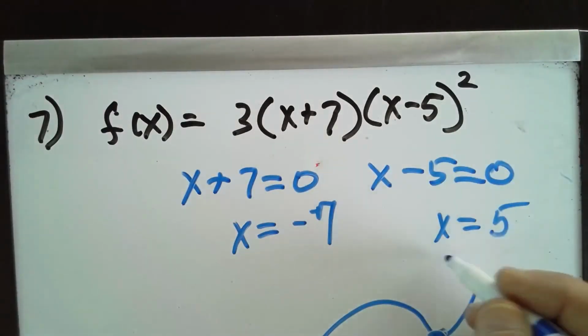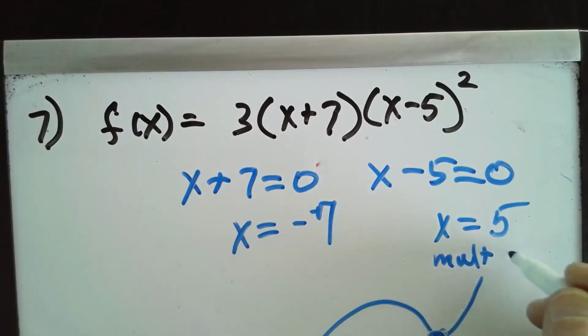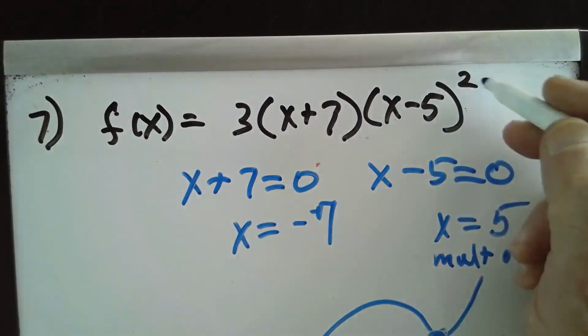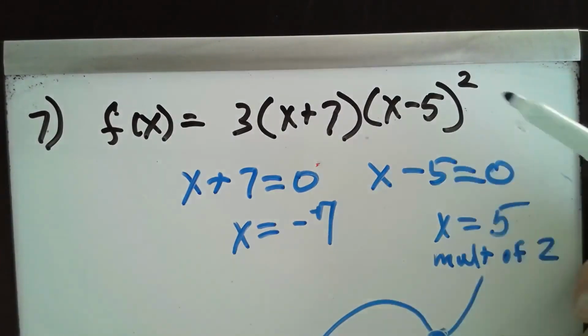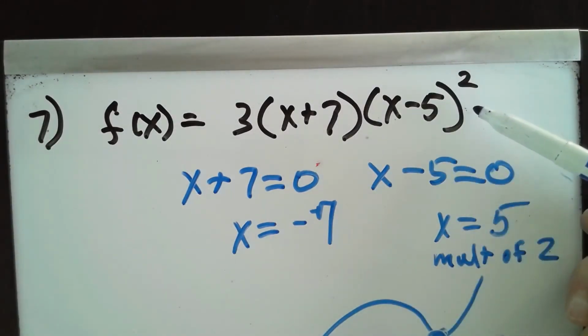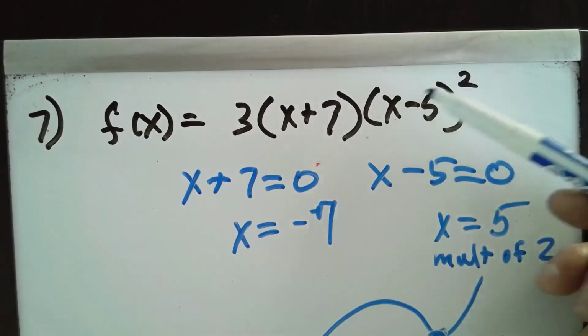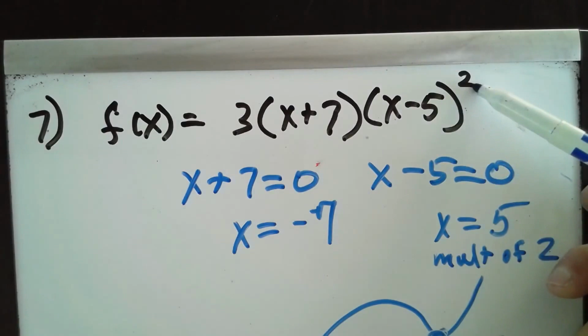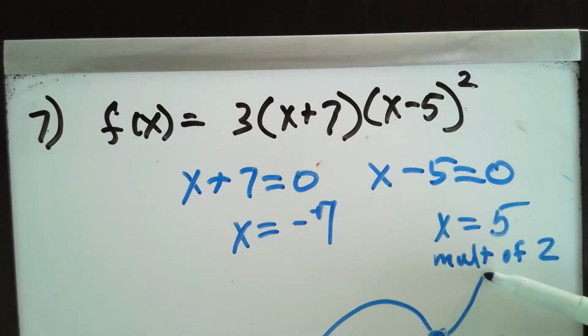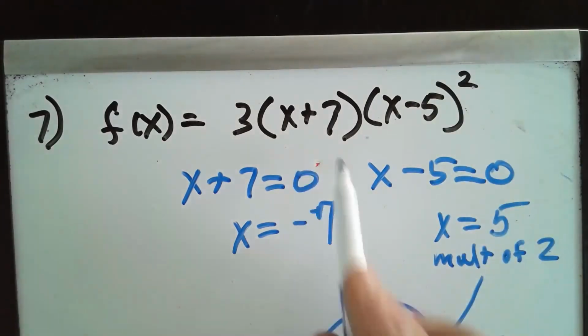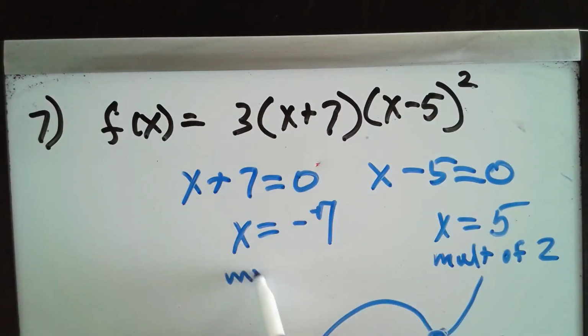So this is 5 with a multiplicity of 2, because this factor was multiplied twice, it has an exponent of 2. And then negative 7 has a multiplicity of 1, because this is a power of 1, right?